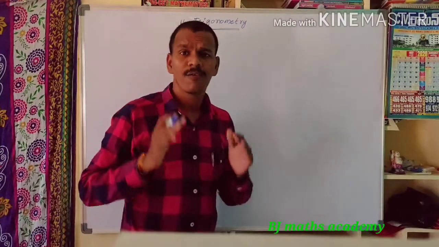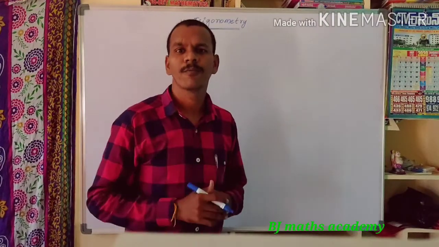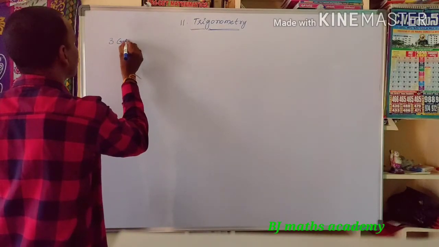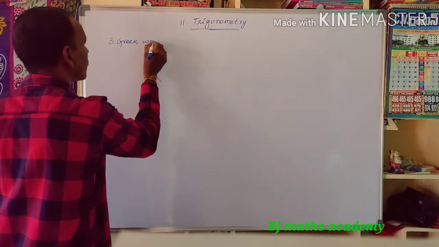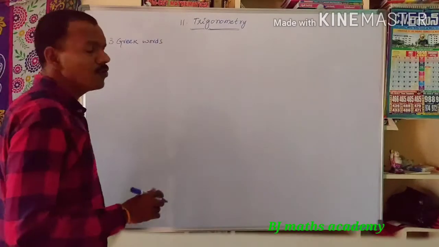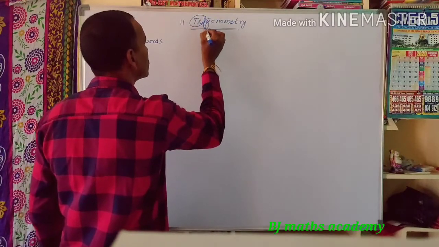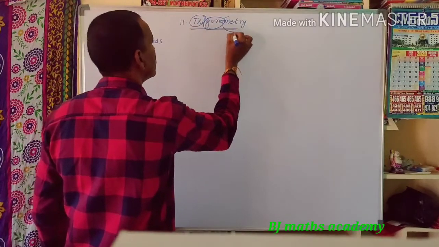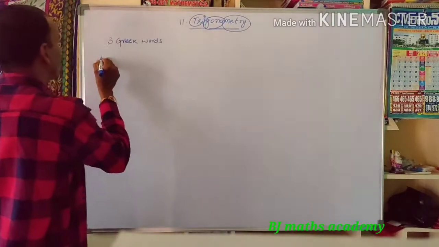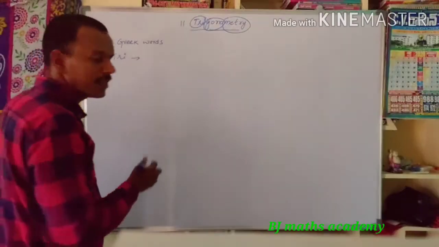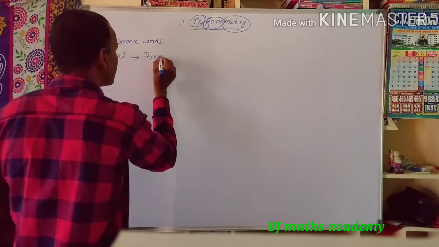First of all, the word trigonometry is derived from three Greek words. What are those three Greek words? The first one is tri, the second one is gono, and the third one is metron. Tri means three.